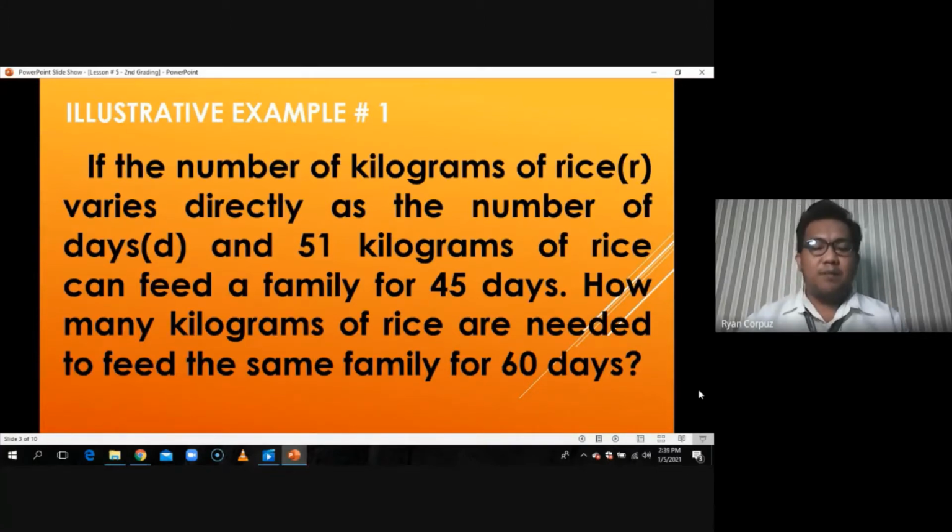In this problem, we are asking for the number of kilograms of rice needed to feed the same family for 60 days. That family that we are mentioning in the problem.